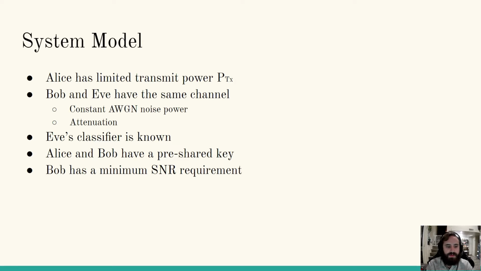And we will also assume that Alice and Bob have a pre-shared key, so no communication overhead, and we're just going to assume that the key was shared securely between Alice and Bob. And we will also assume that there is a minimum SNR requirement that Bob needs to have satisfied in order to be able to decode information.